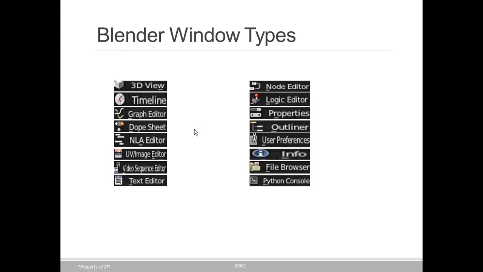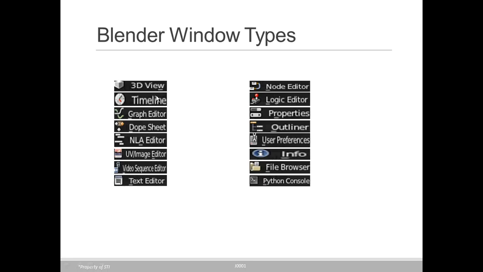For instance, you can have several 3D views open, each looking at the scene from a different perspective. The following are the window types broken up by functionality.